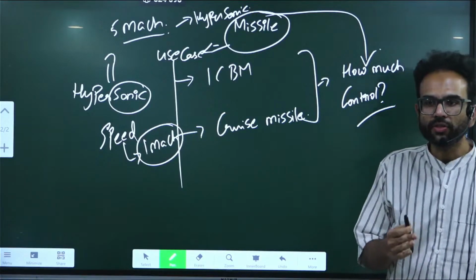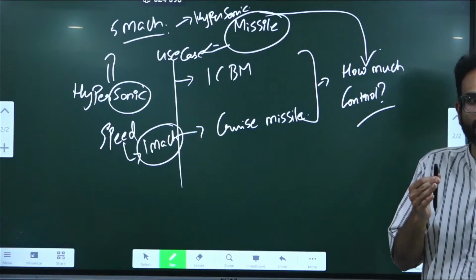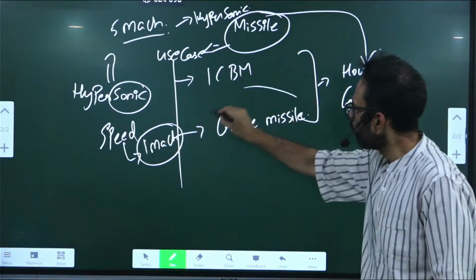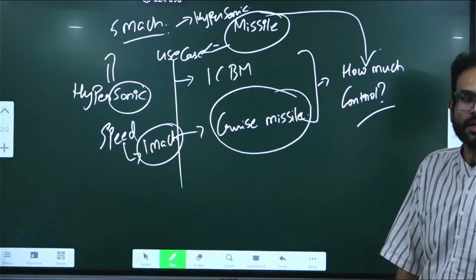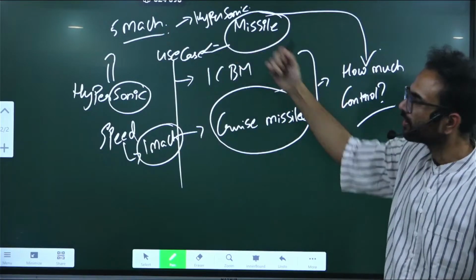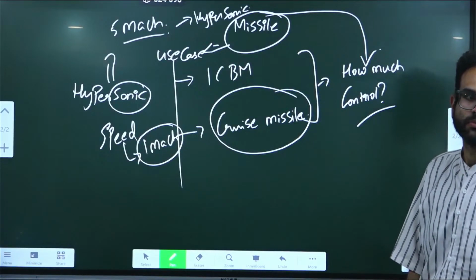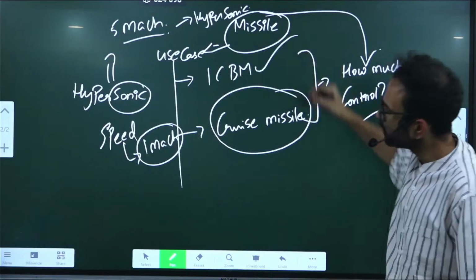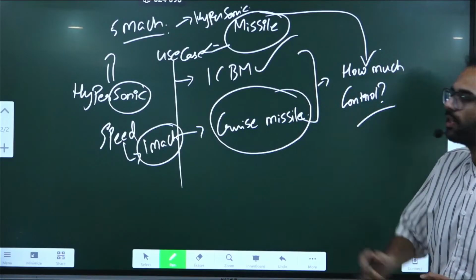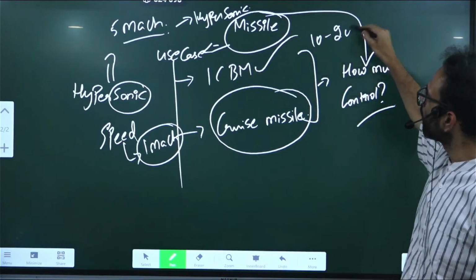So a hypersonic missile means a cruise missile that can still be maneuvered at a speed of more than 5 Mach. As such, ICBMs will anyway have hypersonic travel.